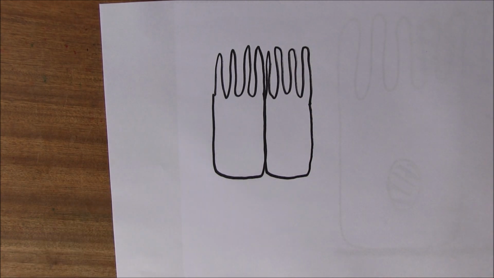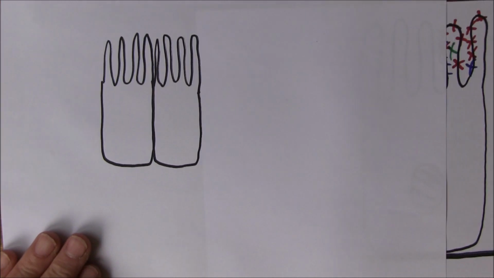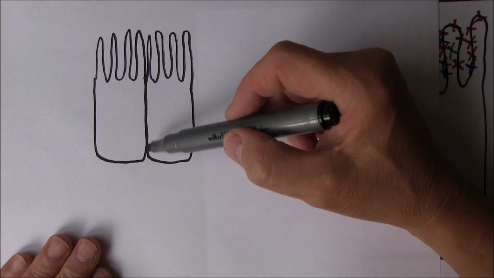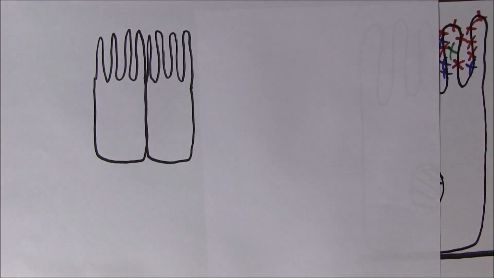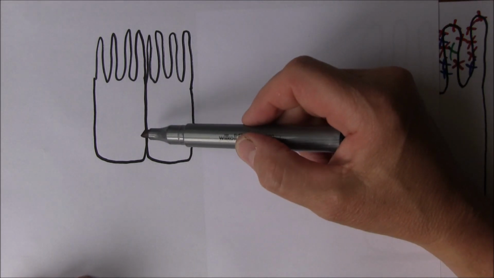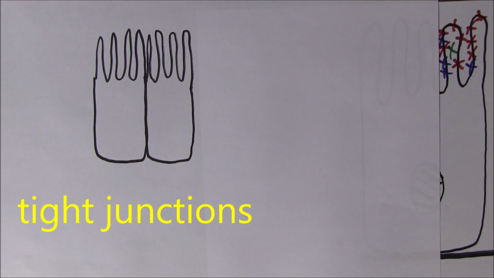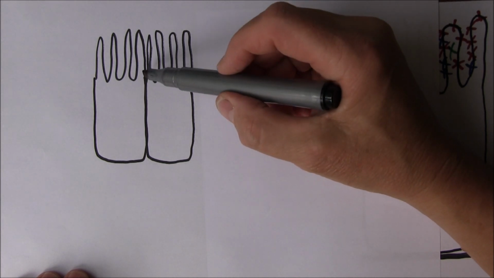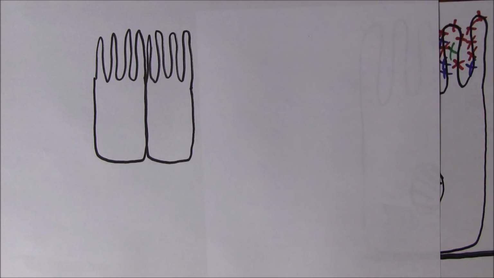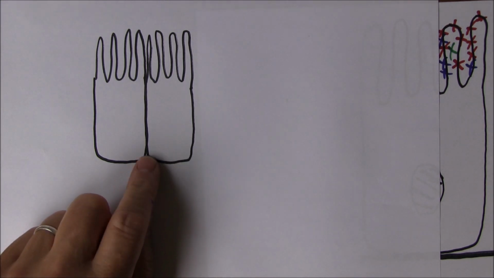And they'll rightly point out that the junction between two cells is a tight junction. These tight junctions are important to prevent non-selective diffusion. So the cell is choosing what's going in. Bits and bobs can't nip in through there inadvertently. And this is absolutely true.